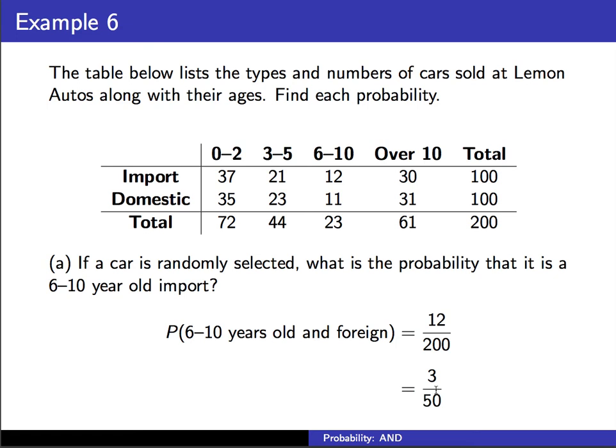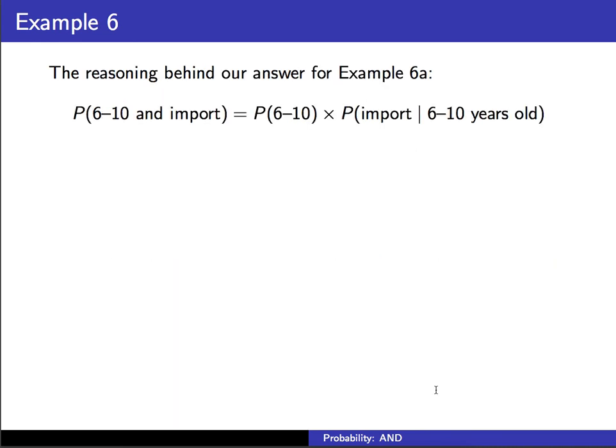Now, to kind of justify the probability of event A and B, as we looked at in the last formula, the probability that it's 6 to 10 years old and an import is the probability that it's 6 to 10 years old times the probability that it's an import given that it's 6 to 10 years old. So we had the probability that it is between 6 to 10 years old. There's 23 cars on the lot that are between 6 to 10 years old out of the 200 total.